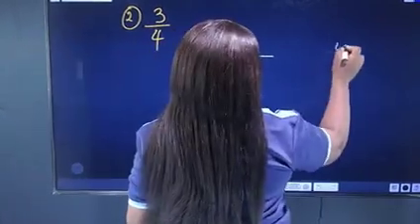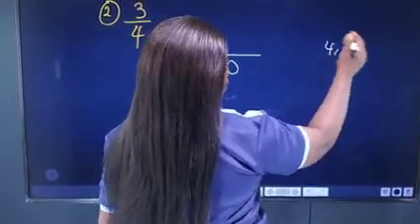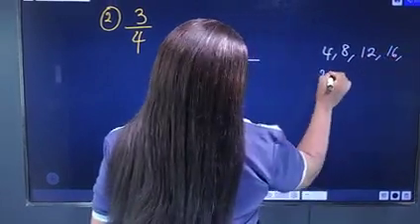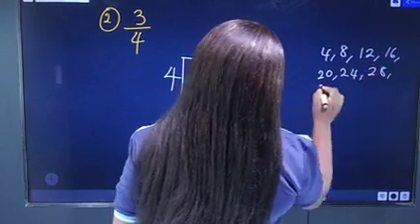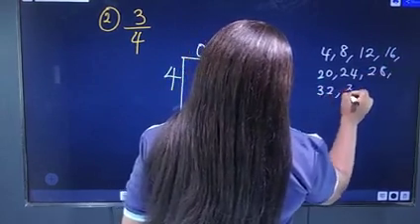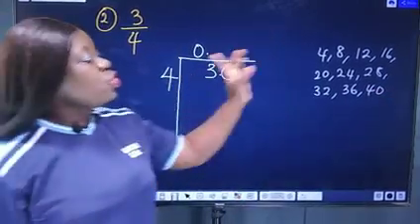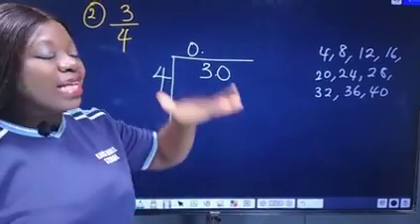So that will be 4, 8. That's 4 times 1, 4 times 2, 8. Then you have 12, 16, 20, 24, 28, 32, 36, 40. Let's stop there. Now 30 divided by 4. You look through your number chart and check if you have exactly 30.